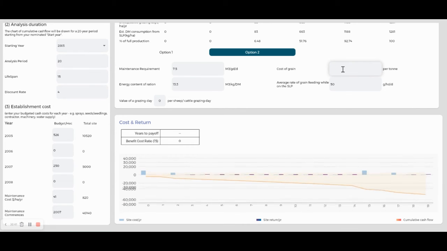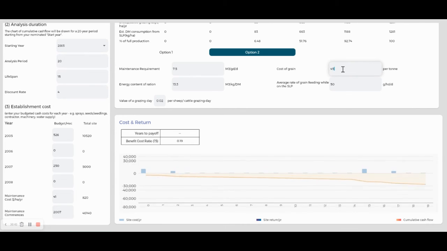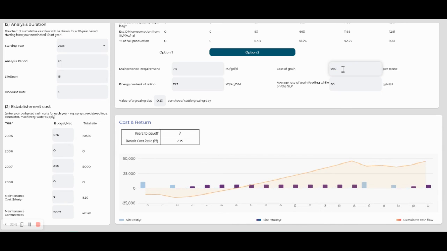So if we change that up to a price that's more realistic for the summer of 2021, maybe $450 a tonne, and maybe even that's a little low, we see now that our years to break even are 7, and our cumulative cash flow, instead of being around $25,000, is now closer to $50,000.